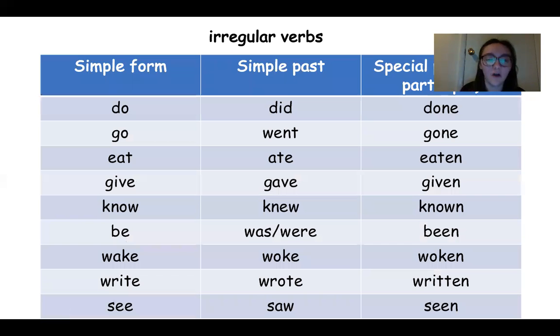So again, here are the irregular verbs list: do, did, done; go, went, gone; eat, ate, eaten; see, saw, seen; write, wrote, written; wake, woke, woken; be, was, were, is the simple past, or been; know, knew, known; give, gave, given. Those are the irregular verbs.